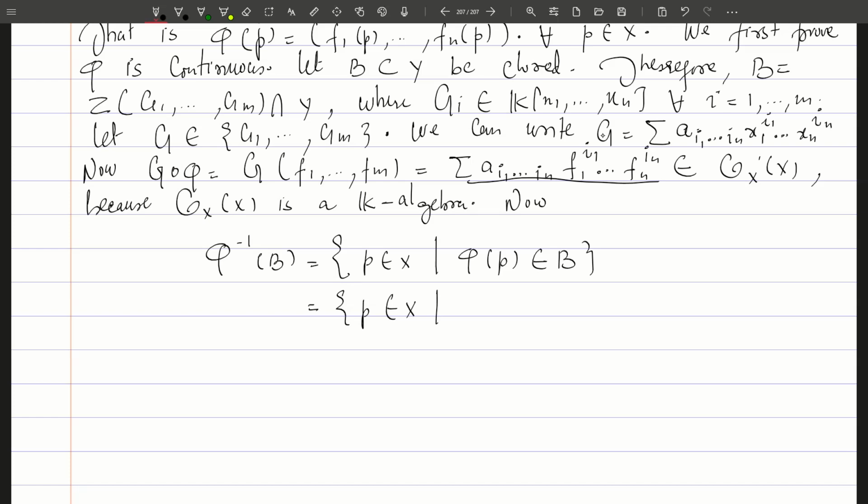Now phi of P being in B means that phi of P lies inside the zero set of the polynomials G1 up to Gm.